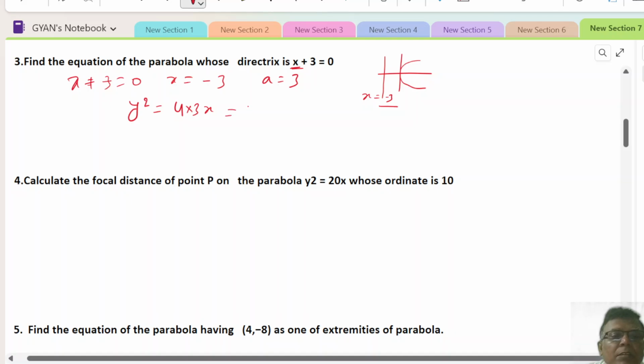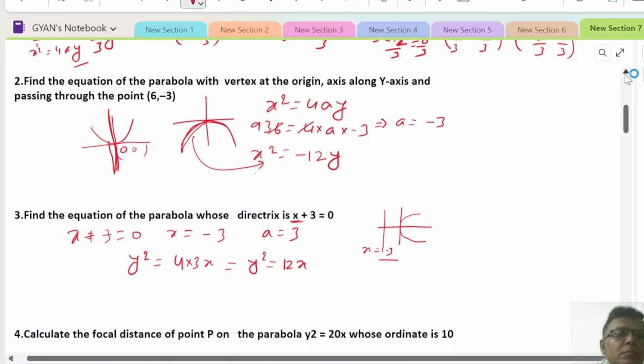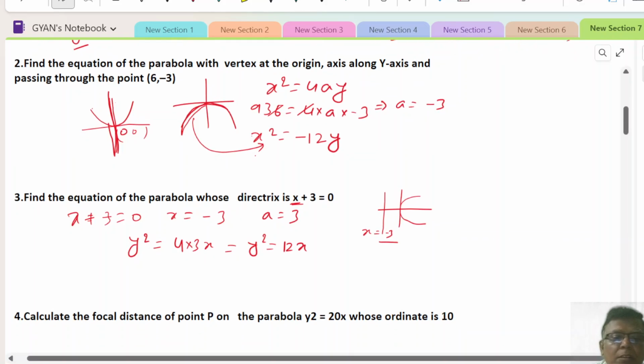So that is y square is equal to 12x. So this is solved. This is also solved. Now come to the next.